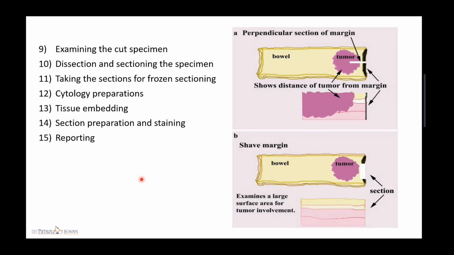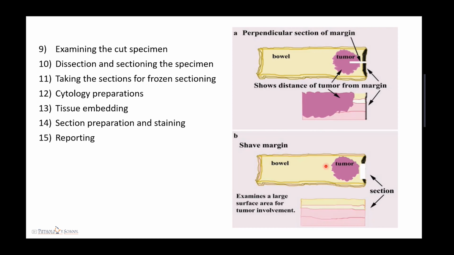Next is section preparation, staining and reporting. While taking the section, there are two ways of taking it. One is the perpendicular section of the margin, and the other is the shave margin. When the tumor is a bit distant from the resection margin, we can take the perpendicular section, so that it helps in determining the distance of the tumor from the margin.